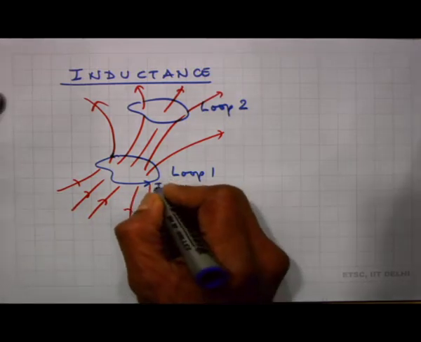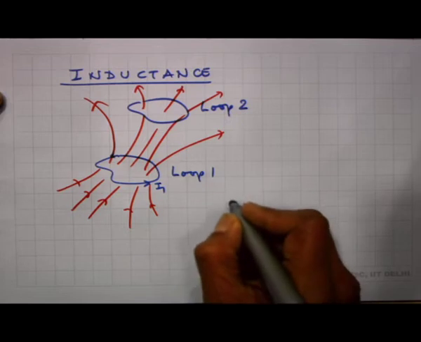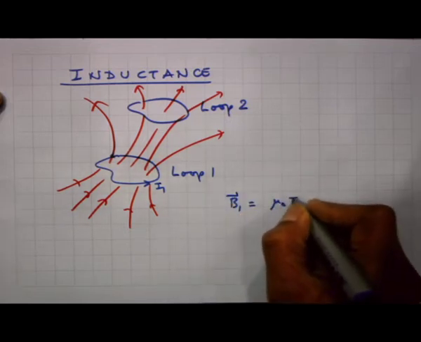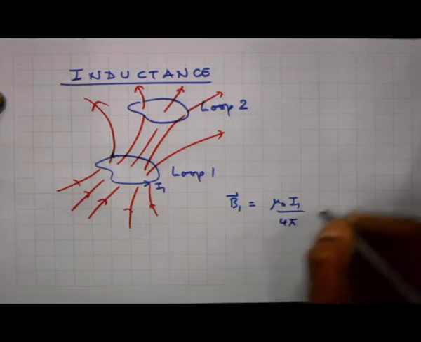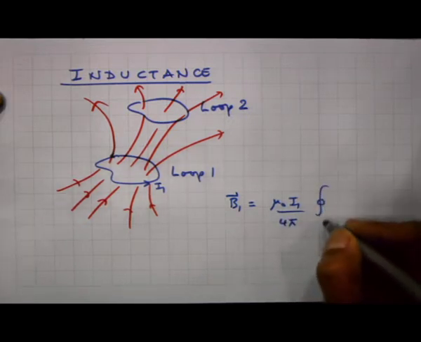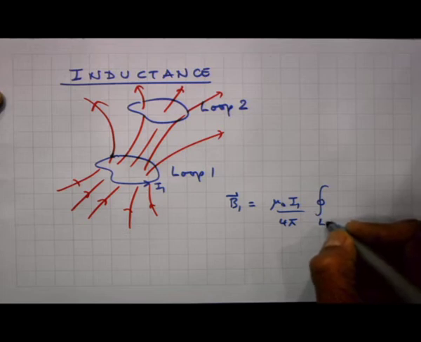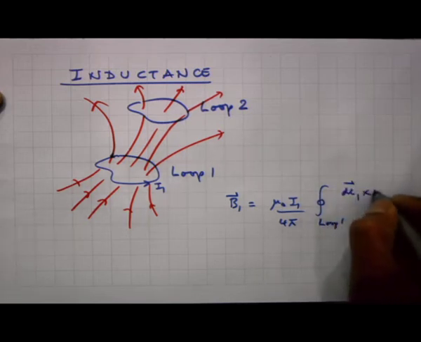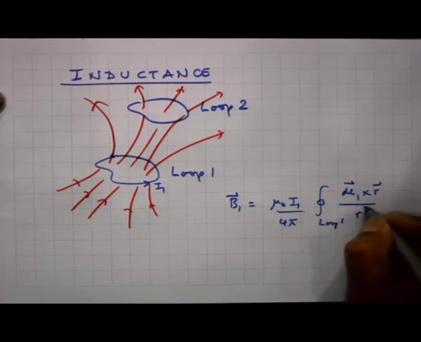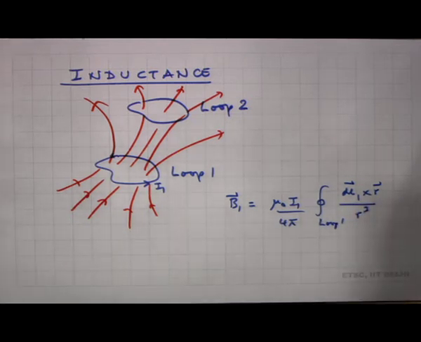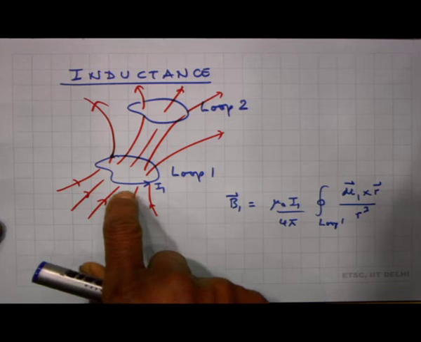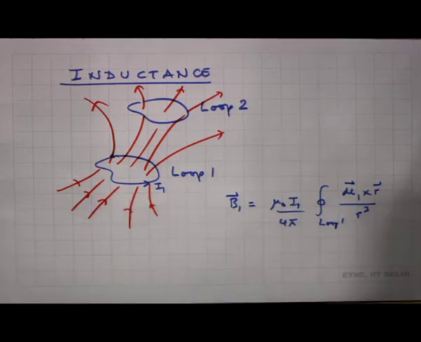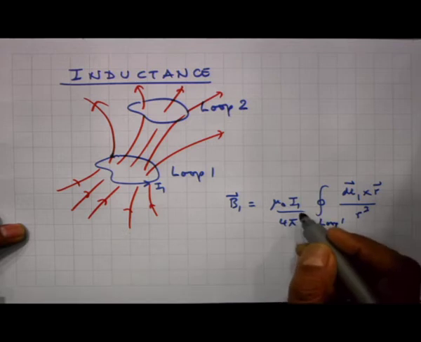So, suppose I call the current I 1, remember the magnetic field produced by this current is mu naught I 1 by 4 pi integral over loop 1 dL 1 cross r by r cube. We have seen the Biot-Savart law before. So, the magnetic field produced by this loop 1 is given by this and is proportional to I 1.